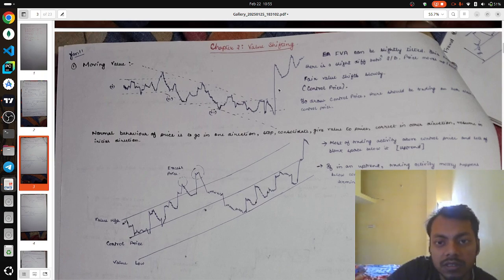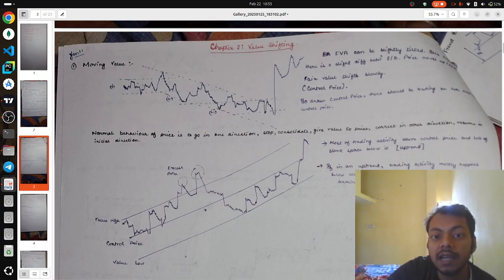But see this part. Price quickly went up. That means demand was very much greater at this part than supply. However, from this area to here, it is coming down slowly. That means supply was greater than demand. That is why price is coming down.